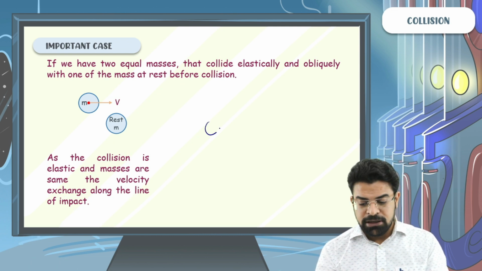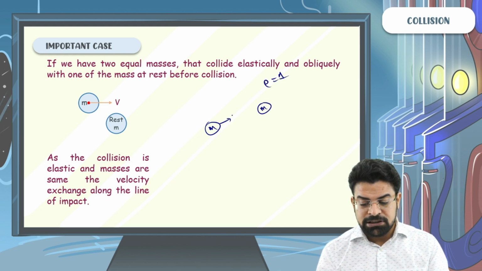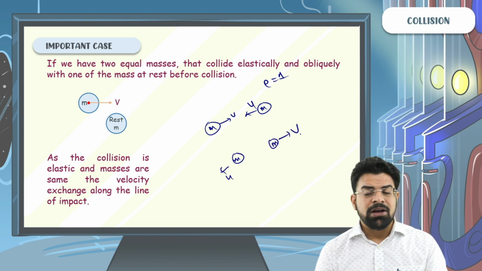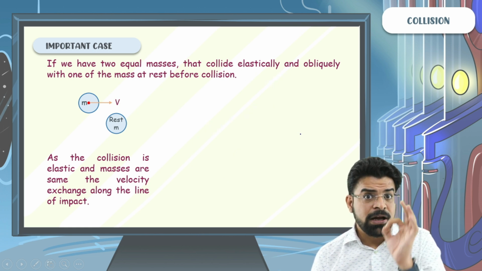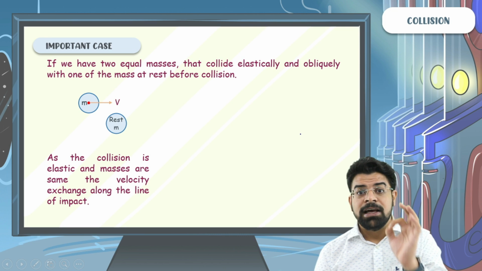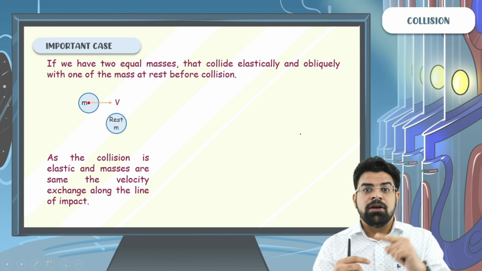I taught you guys, if two masses are equal and collision is elastic, then they exchange their velocity along the line of impact, right? This is what we learned. But sir, that was for head-on collision, right? Now this is oblique. Still, if the masses are the same and collision is elastic, the bodies will exchange their velocities along the line of impact.